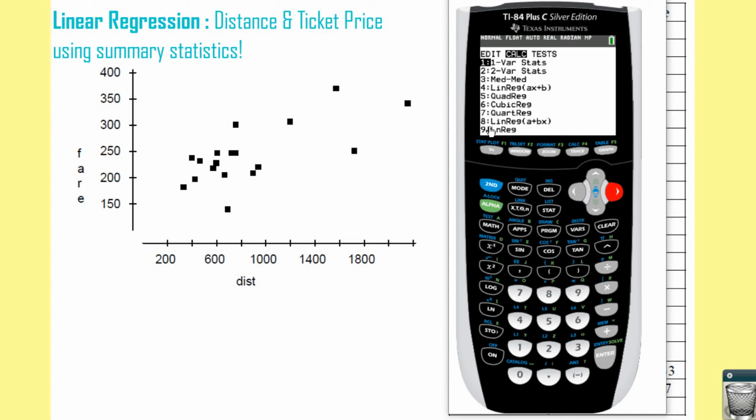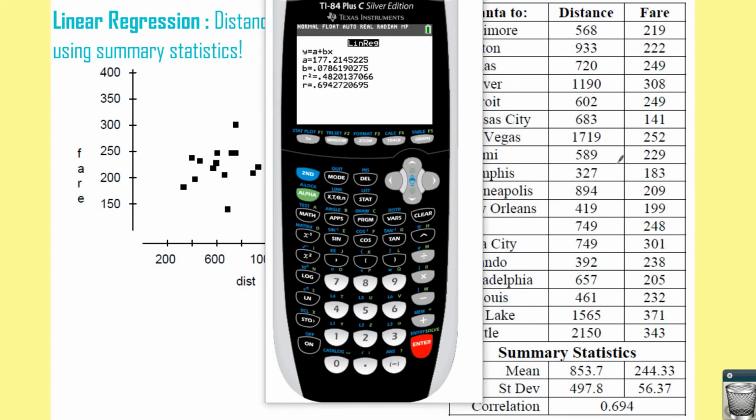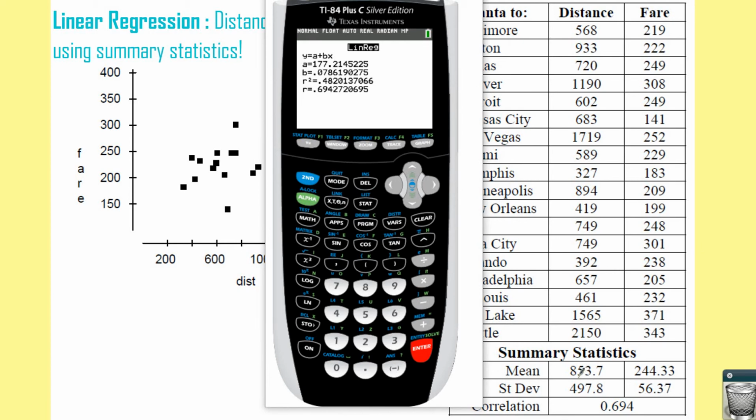Don't do number 4, do linear regression for a plus bx. X needs to be list 1, Y needs to be list 2, no frequency, calculate. It's going to give me my R value. So R is 0.694, which is what I've got here.